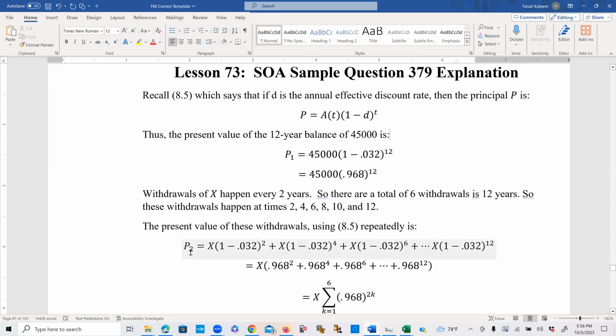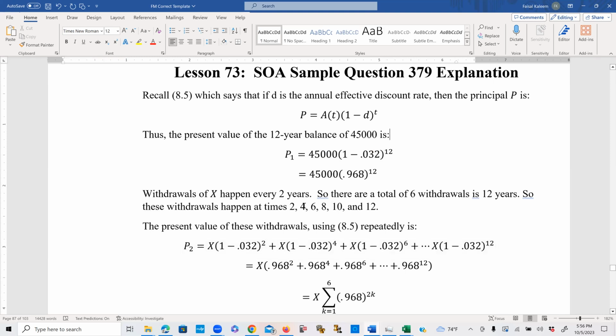Let's call it P2. Again we will be using 8.5 to bring each withdrawal from a future time to the present. The withdrawal that happens at time 2 is brought back through 2 periods. The withdrawal amount was X, and it will be multiplied by (1 - d)^t, so (1 - 0.032)^2.